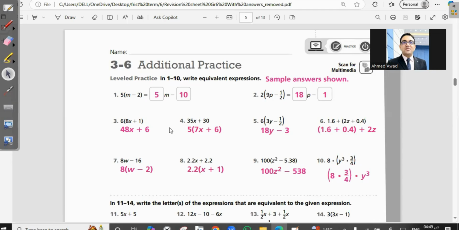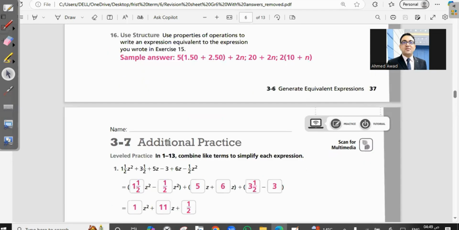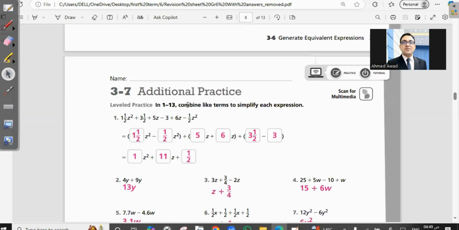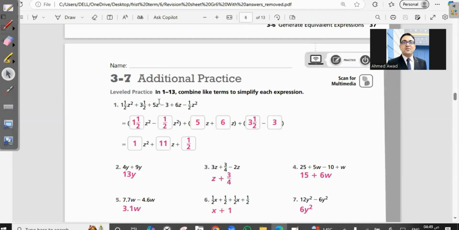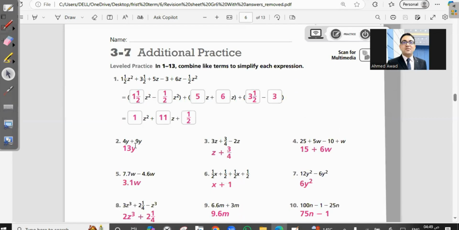Okay. Next lesson. Combine like terms, guys. Like terms mean they have the same variable and same exponent. So 4y plus 9y, can we add them? Yes, so it's going to be 13y. What about this one? Number 6, can we add them? Yes. So half x and half x is going to be 1x.